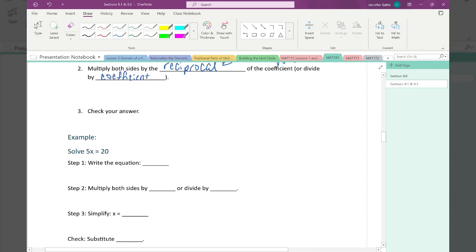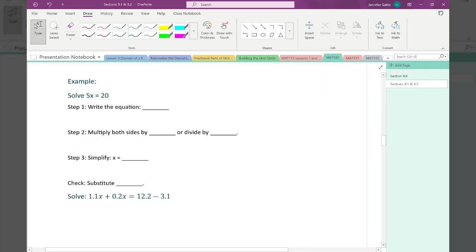So when we're looking at our first example right here, we have 5x equals 20. Okay? We can multiply both sides by 1/5 or divide by 5. Either way, it works. Whichever technique works for you, go for it. So I'm actually going to use the technique of dividing both sides by 5.